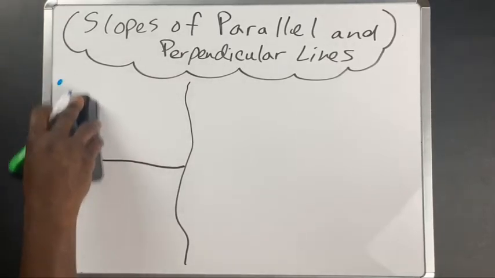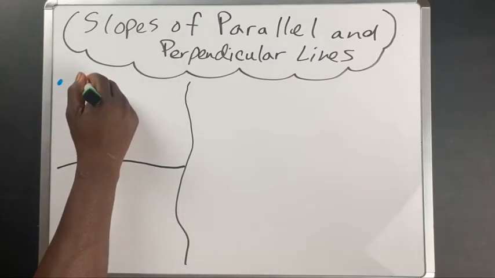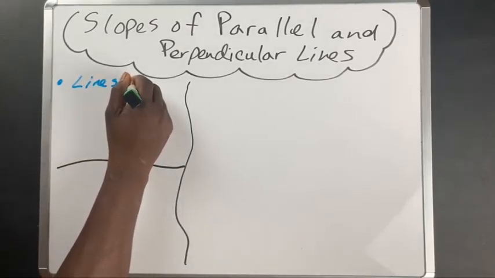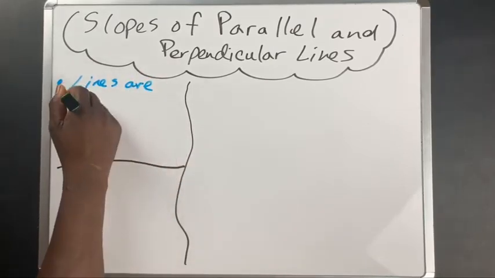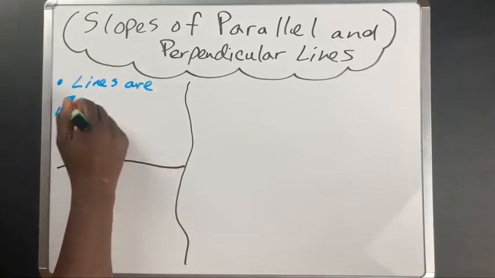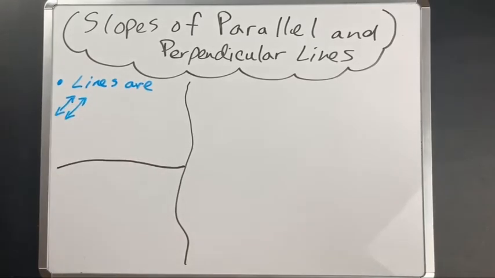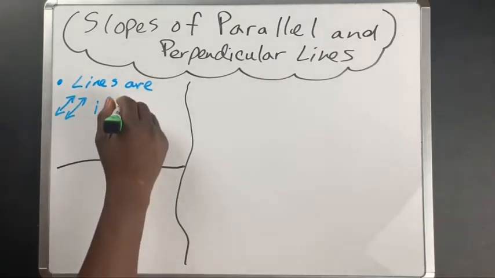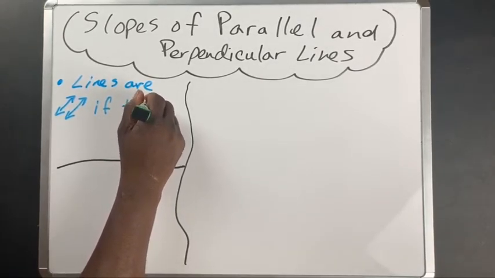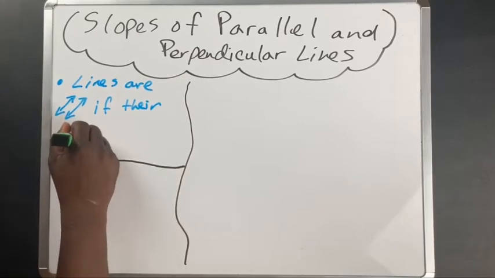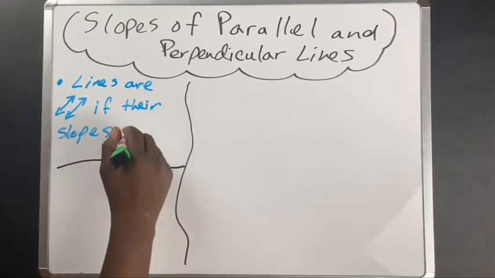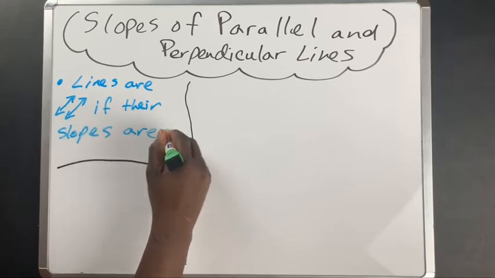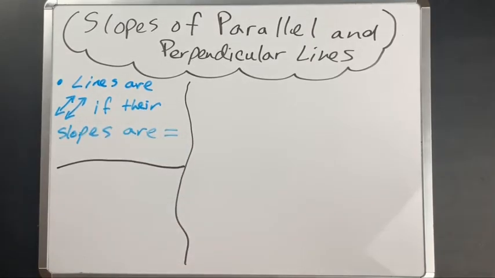Lines are parallel if their slopes are equal. So we say two lines are parallel if their slopes are equal.